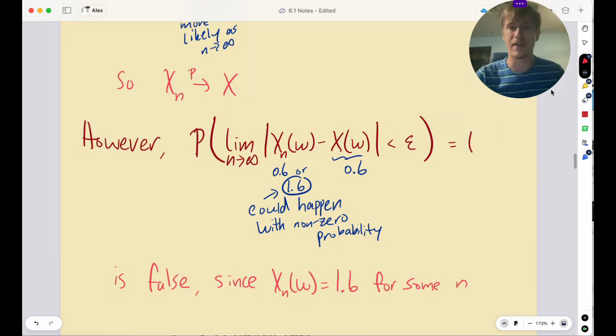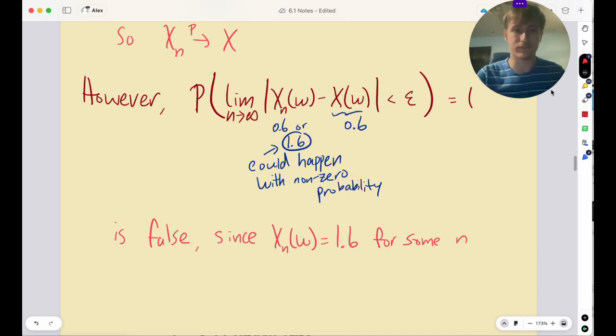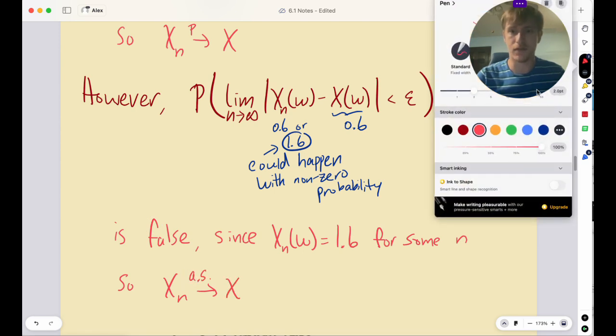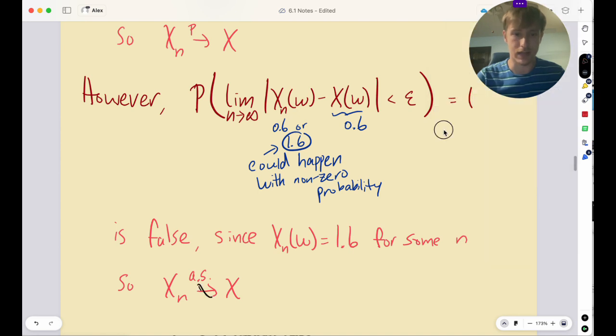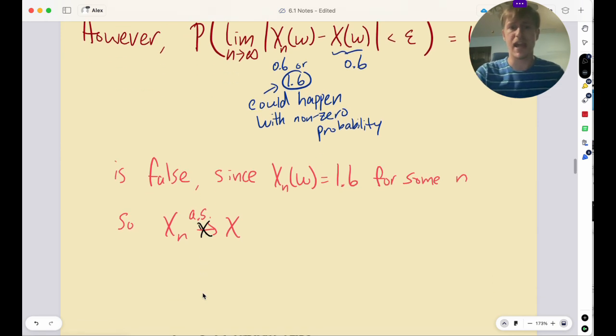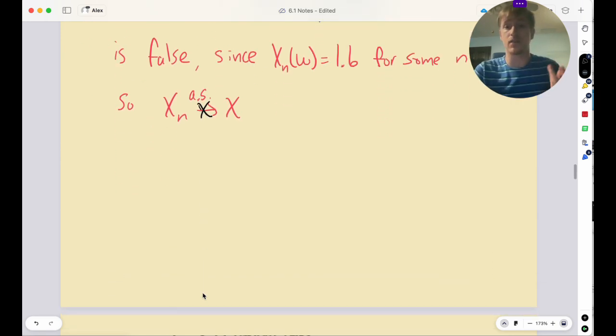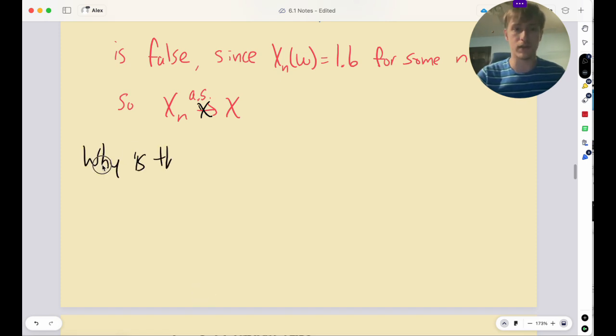So in this case, this does not happen. Okay, so that's kind of the difference. It's a very subtle difference, and you might be wondering why I'm even talking to you about these things. So, last thing that I'll leave you with, why is this important?